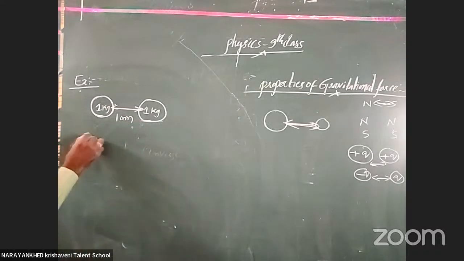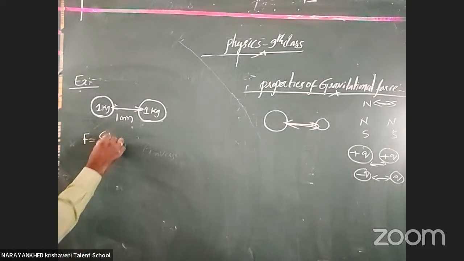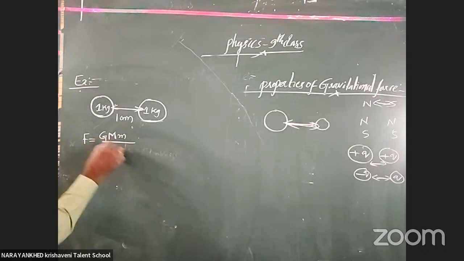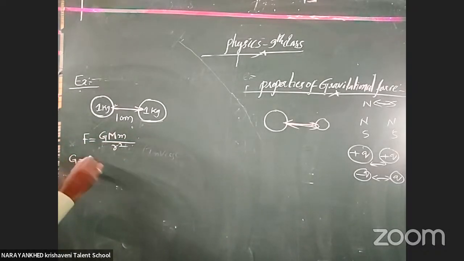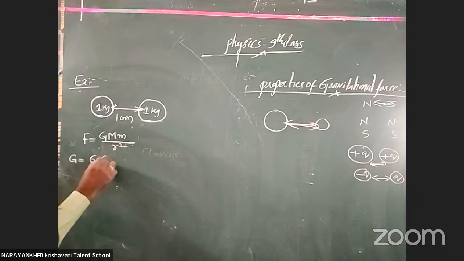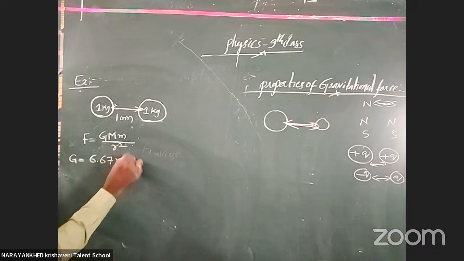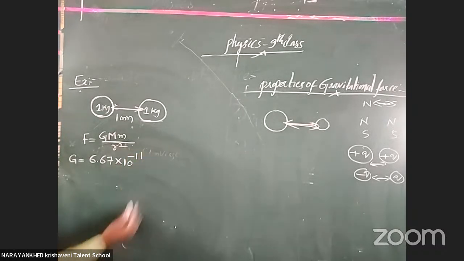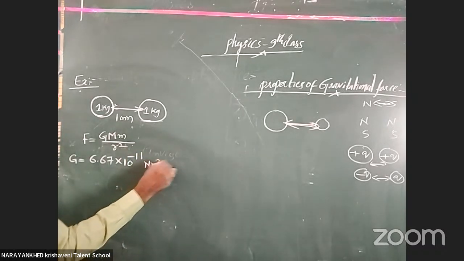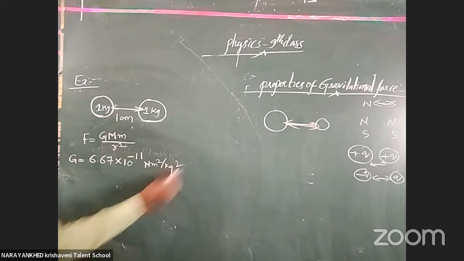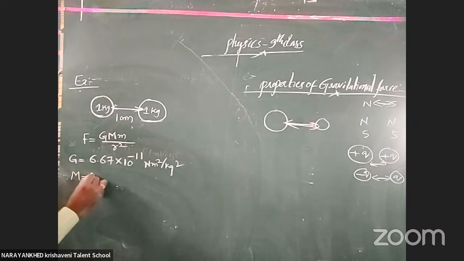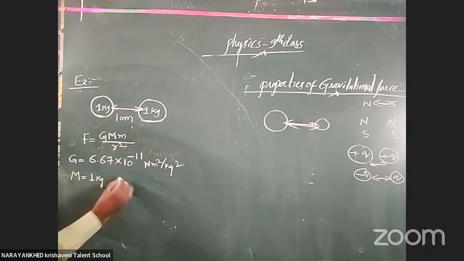How to find it? F is equal to G M m by R square. Here you have to write the values. What is the G value? G is taken as 6.67 into 10 to the power of minus 11 Newton meter square per kg square. Capital M is 1 kg, and small m is also 1 kg.